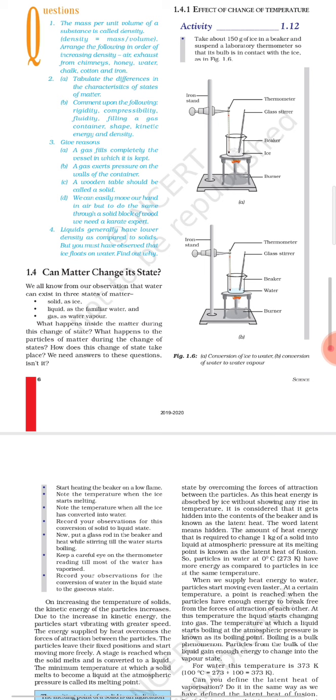Kinetic energy is related to the movement or motion of particles. Gases have the highest kinetic energy, whereas solids have the lowest. And then the last one is density. You already know that it is mass per unit volume. Again, if you want, you can define it more by taking the example of solid, liquid and gaseous state. Then the next question is: give reasons, a gas fills completely the vessel in which it is kept.